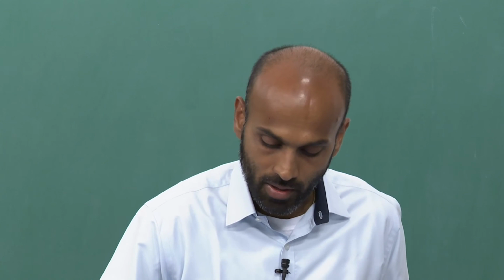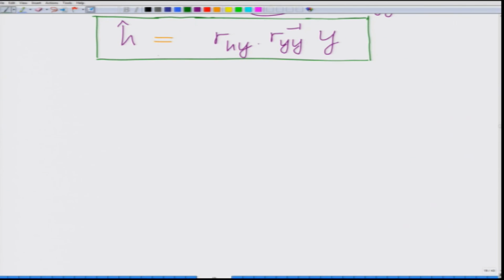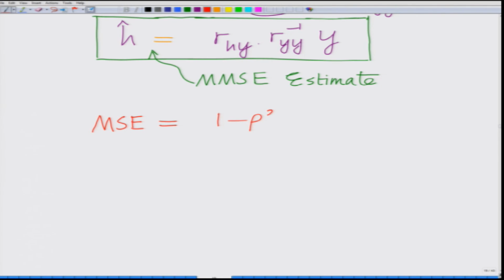And the expression for the MSE can be simplified as follows. So, this is the expression for the MMSE estimate, and the expression for the MSE can be simplified as follows. This is equal to 1 minus rho squared, sigma h squared, which is basically sigma h squared minus rho squared sigma h squared.